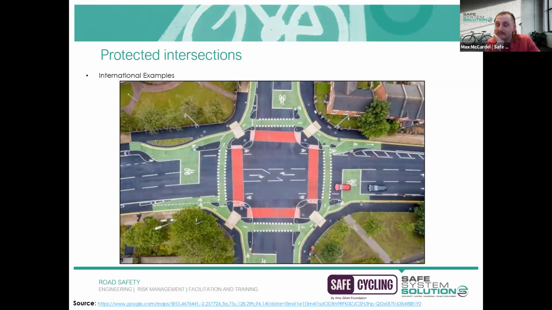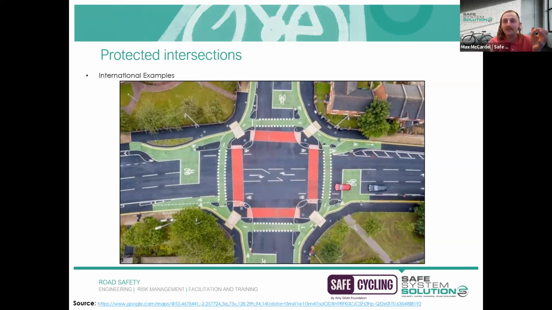Questions come in, and you might need to interpret it a little bit. Is there any difference between a protected intersection with and without wombat crossings? I assume that would be wombat crossings at the point that the pedestrian crosses the bike facility. Yes. To me, the main principle of the protected intersection is implementing that corner refuge island to maximize those sight lines for left turn traffic.